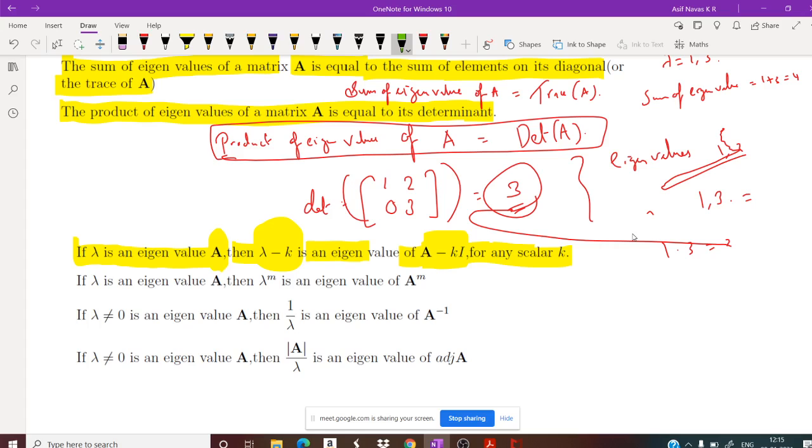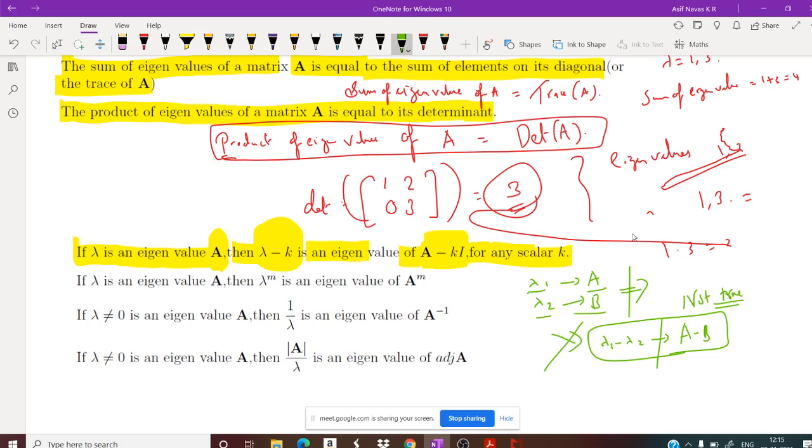But it is not true that if lambda 1 is an eigenvalue of A and lambda 2 is an eigenvalue of B, then lambda 1 minus lambda 2 is an eigenvalue of A minus B, or lambda 1 plus lambda 2 is an eigenvalue of A plus B. That is not true in general.